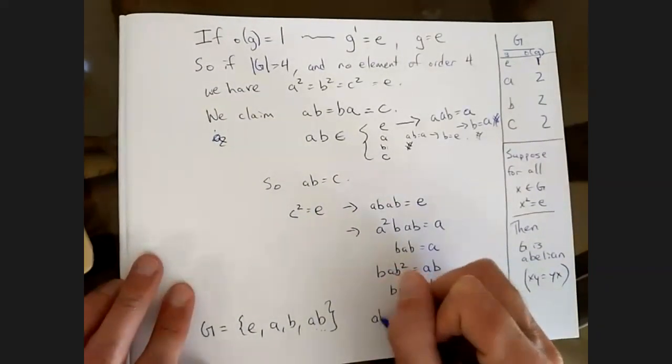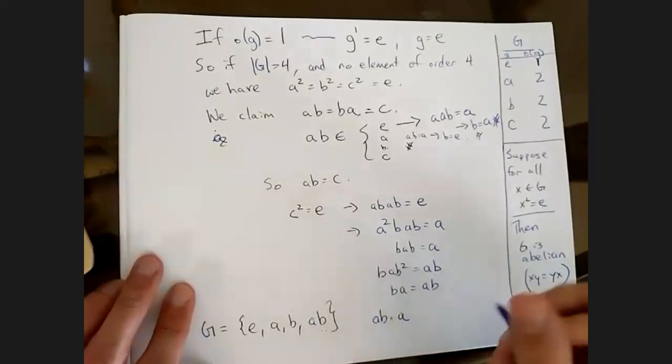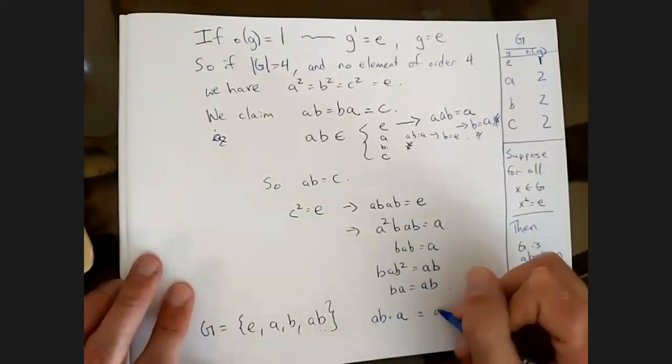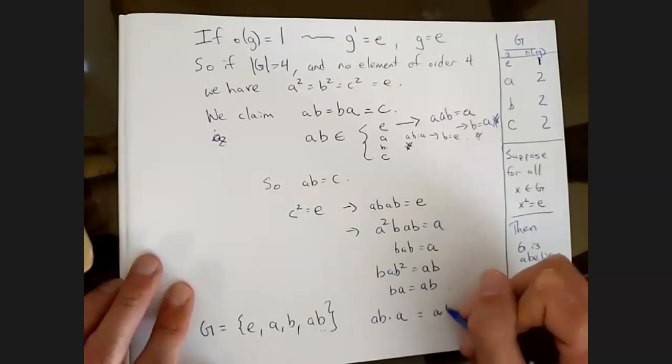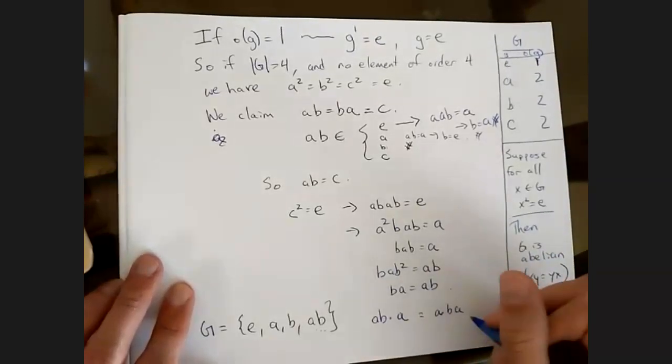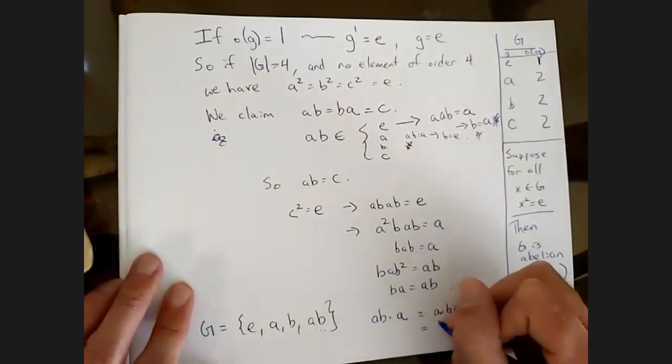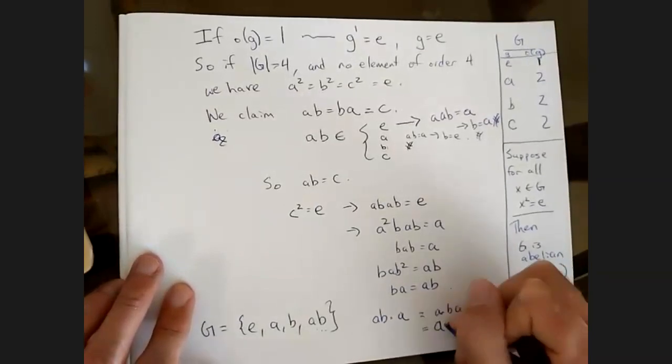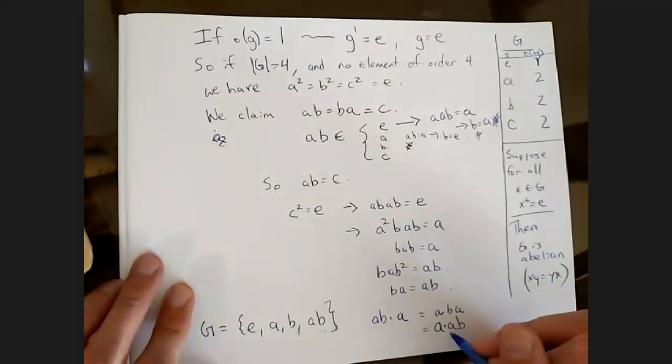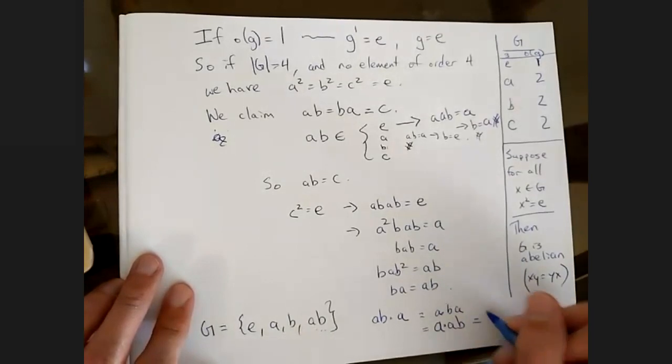If you want to compute ab times a, well, that's just a times ba. ba is just ab. And a times ab is just a squared b, which is just b.